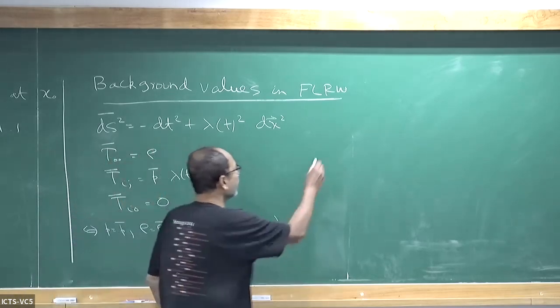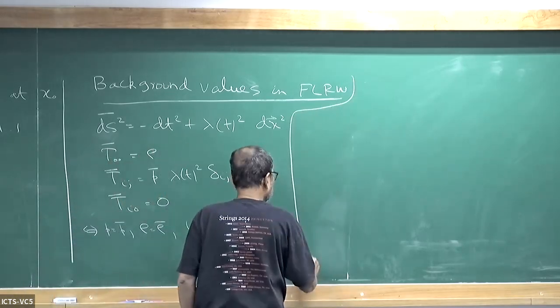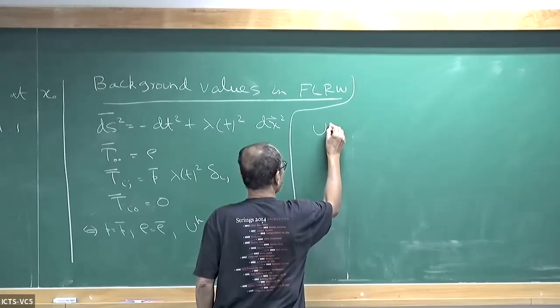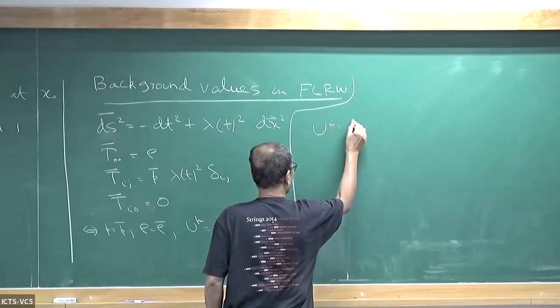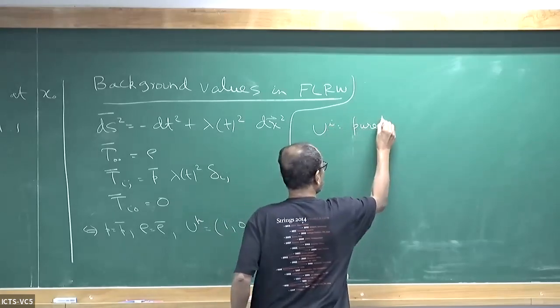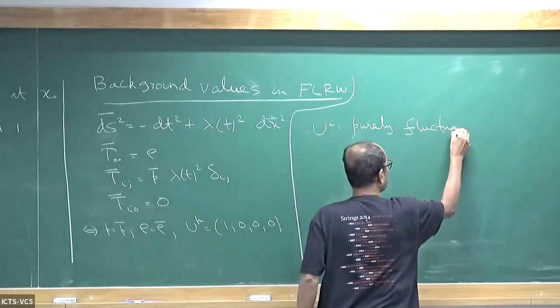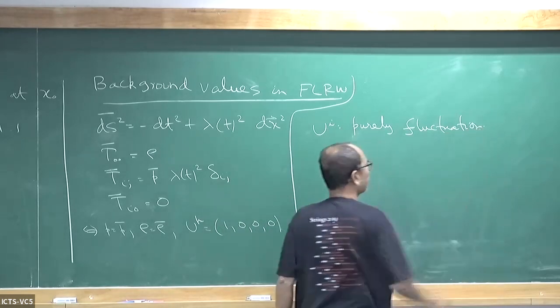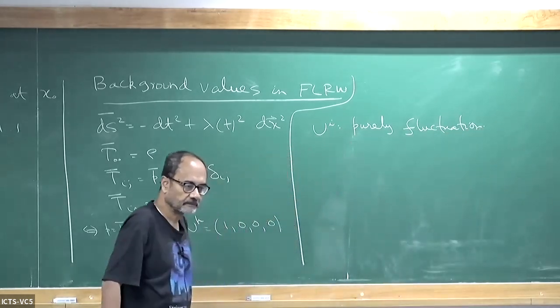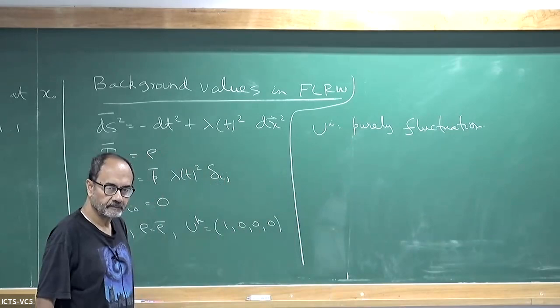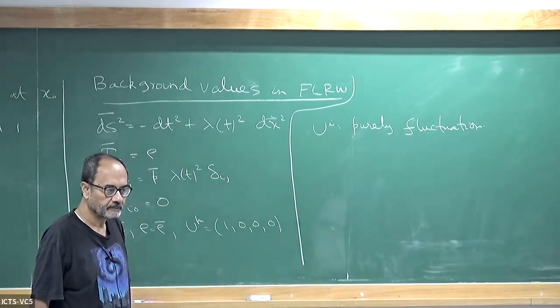So one of the consequences of this is that Ui is purely fluctuation.